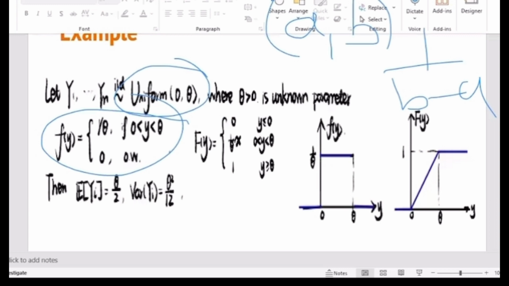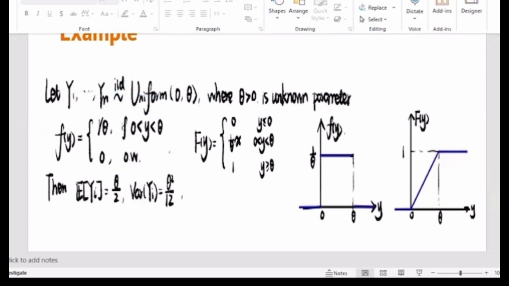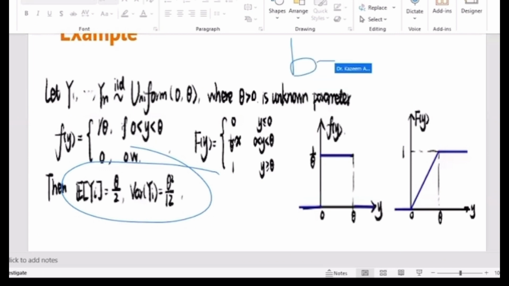Make sure you revisit the mean and variance of a distribution. The mean, I remember for uniform, is b plus a over 2. So this is going to be theta plus 0 over 2, that's why you have theta over 2. And the variance is, I think, b minus a all squared over 12.